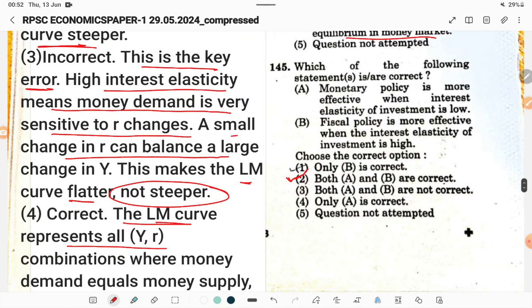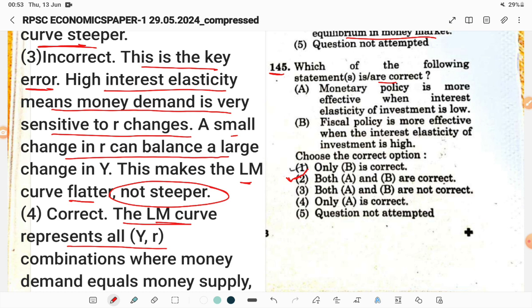Now the 145 question, which of the following statements is correct? Monetary policy is more effective when the interest elasticity of investment is low, and fiscal policy is more effective when the interest elasticity of investment is high. So both statements are correct here. When the interest elasticity of investment is low, investment is relatively insensitive to changes in interest rates.